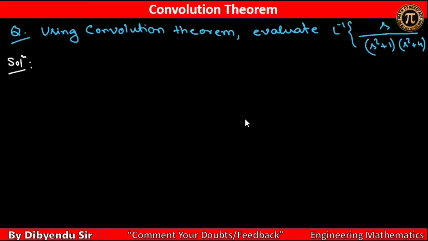Okay, so here the function is s by (s square plus 1) into (s square plus 4).